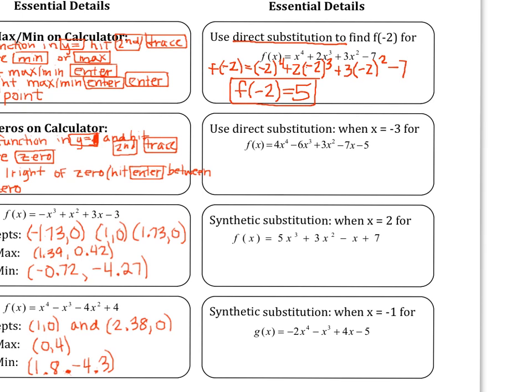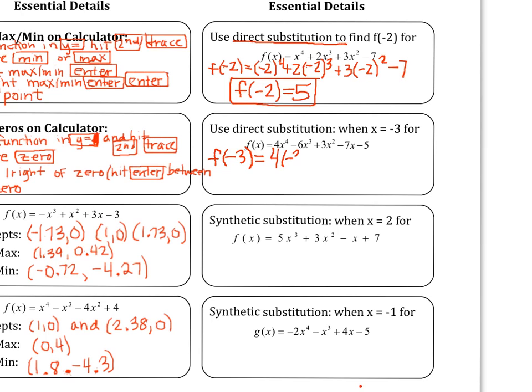So direct substitution is something we've done before. We've plugged our numbers in for our variable and simplified, and that's really what we're doing here. So for the second example, if I want to find f of negative 3, I'm going to put negative 3 in here for x. So we want to find what our function is when x equals negative 3. So I plugged negative 3 in for x there.